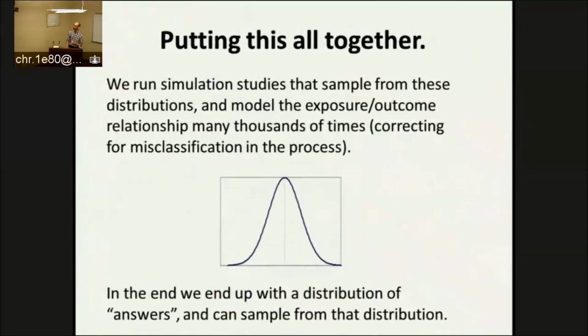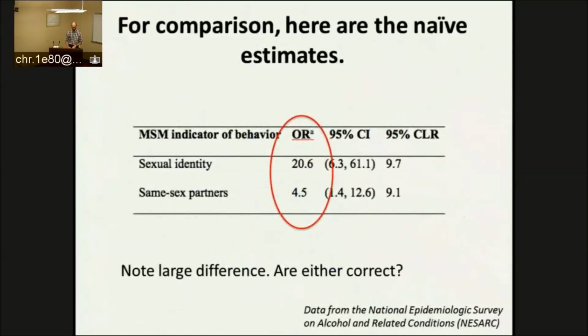So I spoke about these already. I was putting this all together. Let's get down to what we actually observed. Here are the naive estimates from NESARC. What I see is that in this national survey, if you self-identified as gay, you had a 21-fold risk of HIV infection.